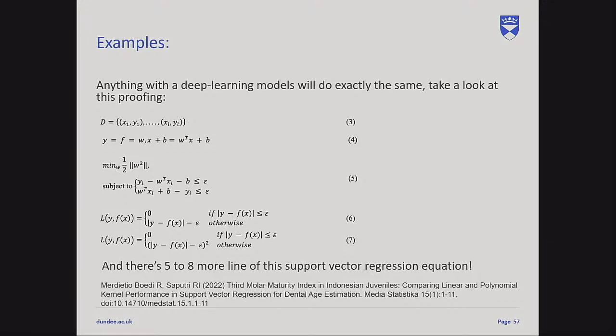I can give you some more examples. This is from my research. I have shown that some mathematical models will do better in third molar prediction, but you need to calculate this. If you want to do it by hand, you need to calculate all of this.